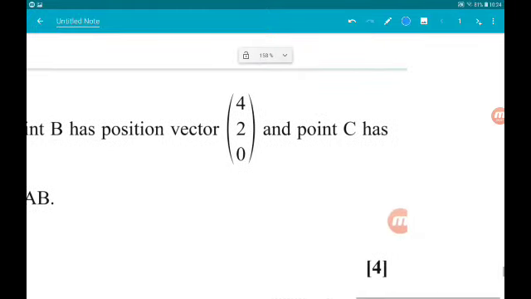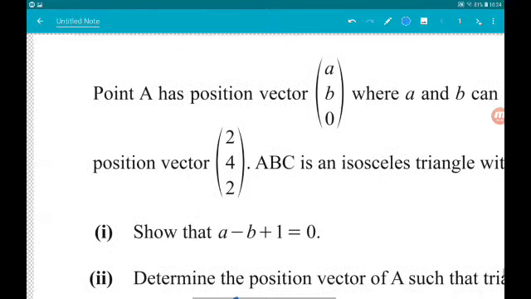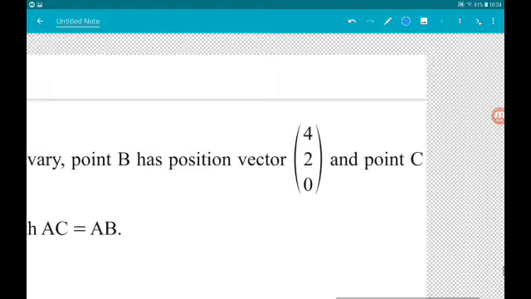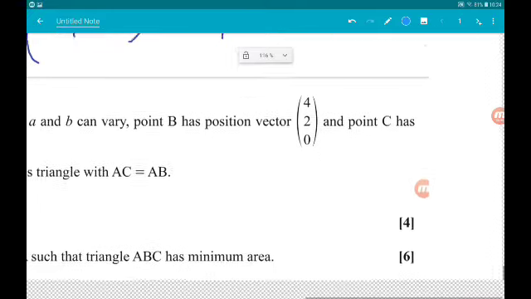So we're going to be doing 2 minus 4 is minus 2.